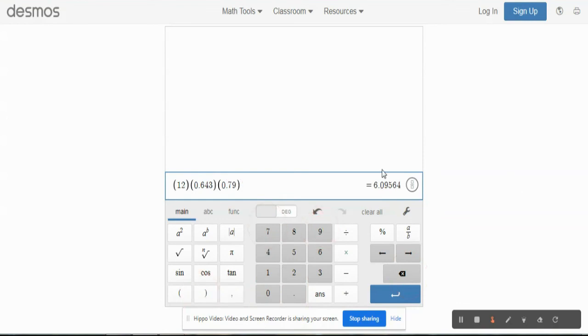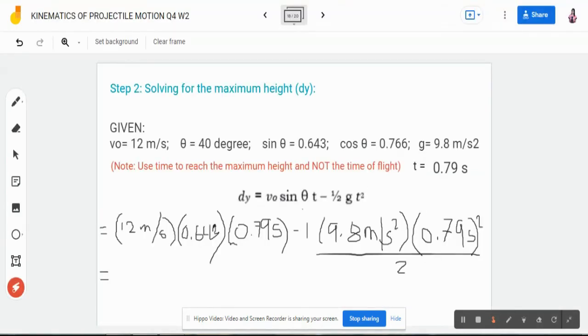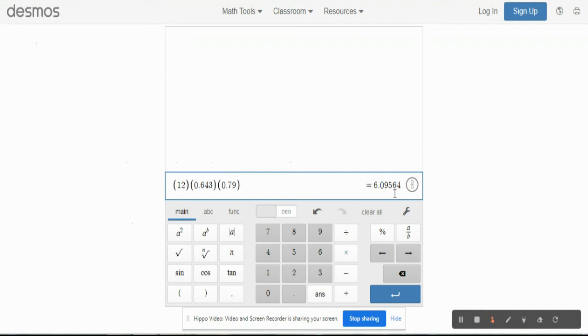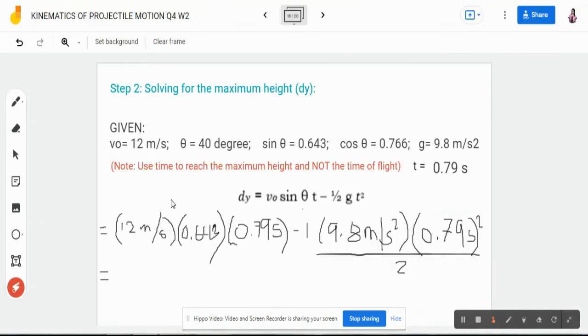So, we will be having 6.0954. Okay, so lagay natin siya dito. So, cancel out the seconds and matitira is a meter.